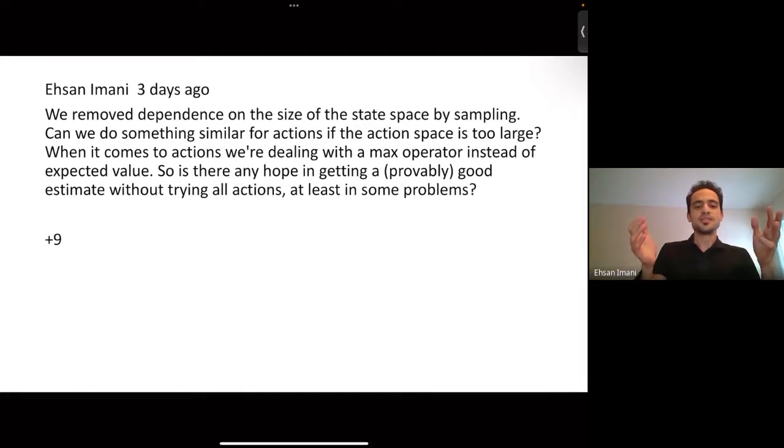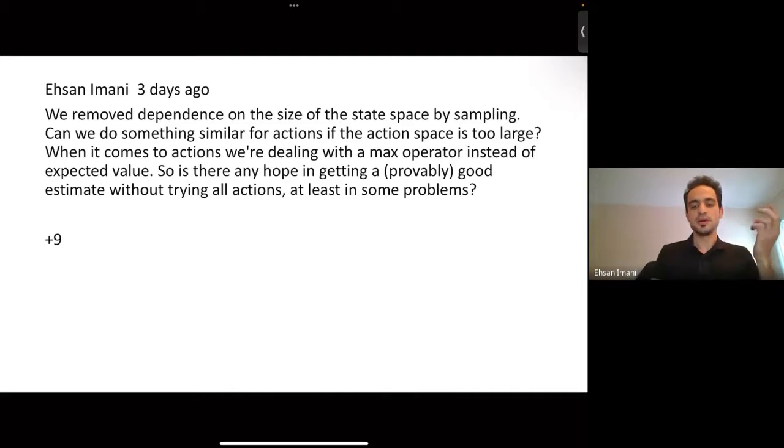My question was, can we do the same thing for actions? Now we have dependence on the size of actions. So if the size of actions is really large, then our complexity would grow. What if we sample a few actions and do something with them, maybe to prevent this blow up with the size of the action space?